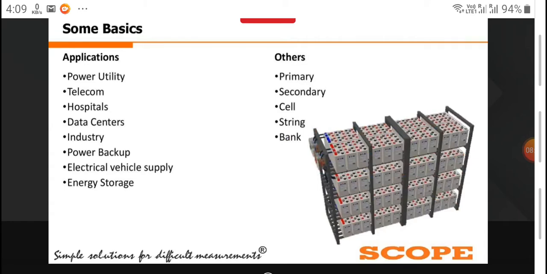Whenever we connect a number of battery strings in parallel, we get the battery bank. So this is the basic concept of the cell, string, and battery bank.